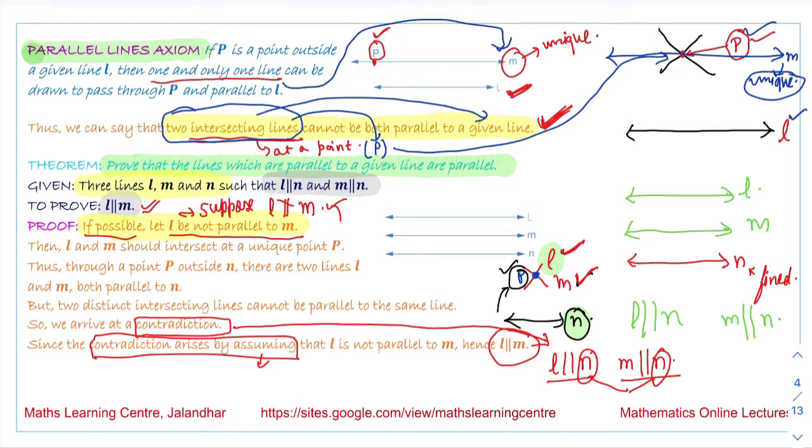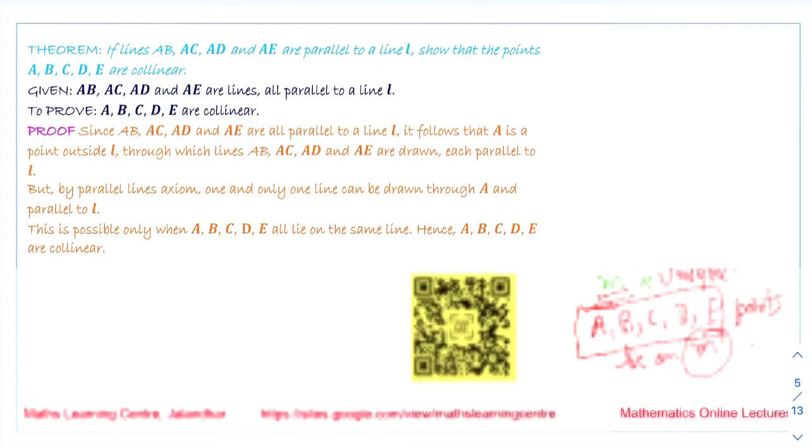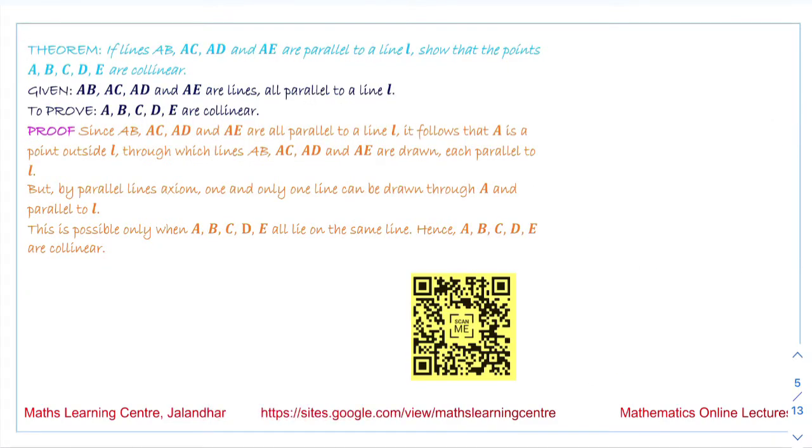The next thing we have to prove is that if lines AB, AC, AD and AE are parallel to line L, then A, B, C, D and E are collinear. Again, what is given to us is that AB, AC, AD and AE are lines all parallel to a line L, and we have to prove that A, B, C, D and E are collinear. First, a line L is given to us.